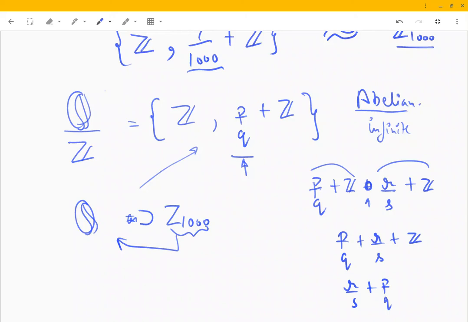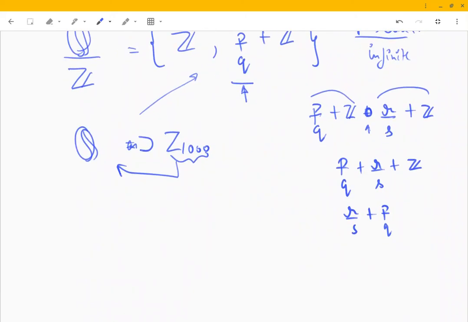Okay, so does that mean Q over Z is isomorphic to Q? So far, I think yes, but I'm ending the video because it is quite long, and yeah, you check this.